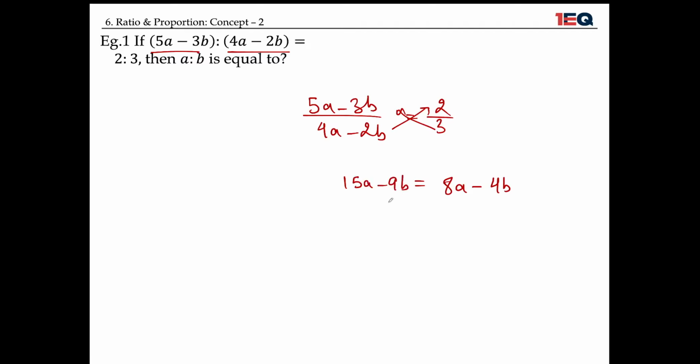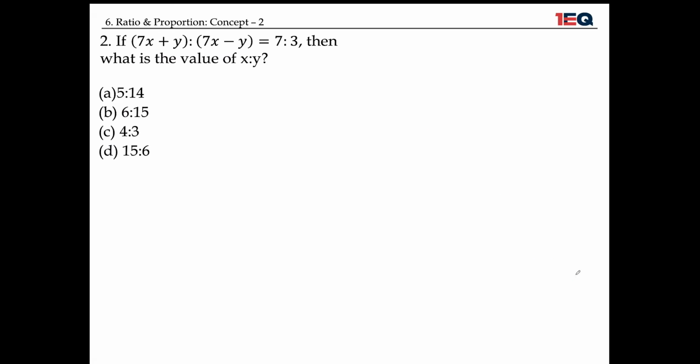So taking it here, 7a is equal to 5b. So the value of a upon b is equal to 7 upon 5, or 7 is to 5, which is my final answer. Okay, moving on.